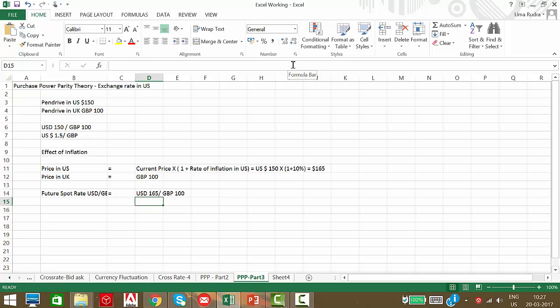Considering inflation in US at 10%, the same item will cost $165. However, because in UK inflation is 0, it will remain at 100 GBP.